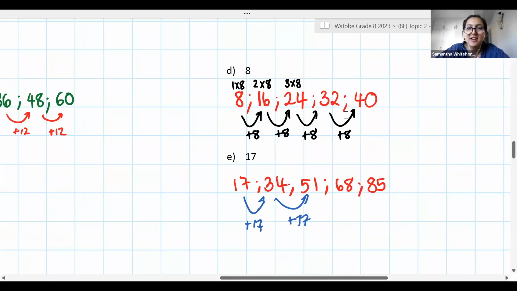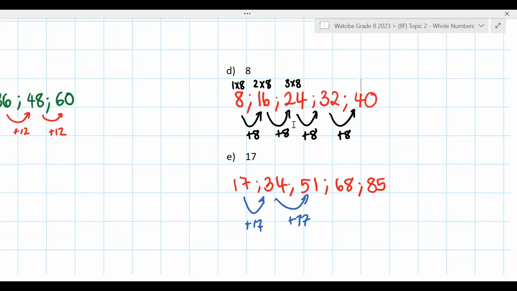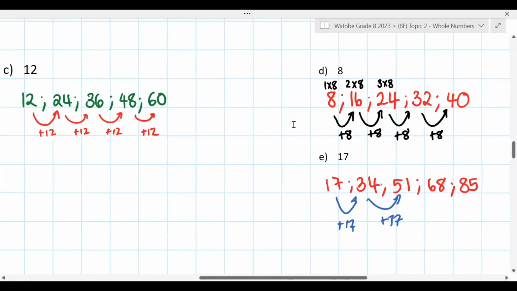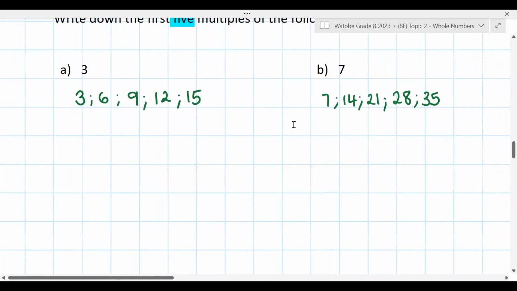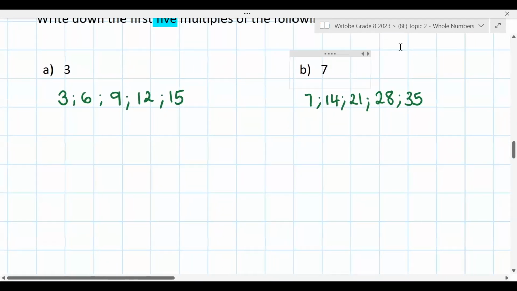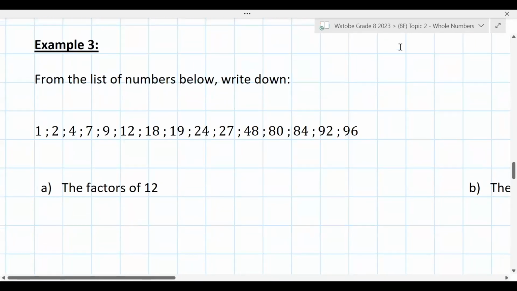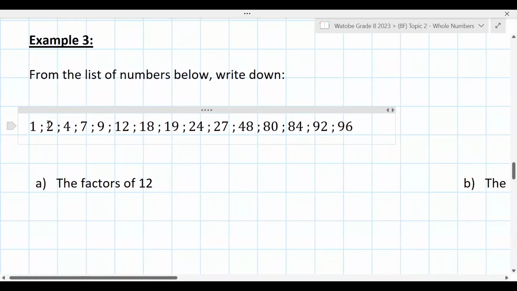Cool. Right, guys, let us have a look at our next example. Just got to scroll across. Okay, so this is a little bit different because I'm giving you a list of numbers. So you need to look at these numbers quite carefully.